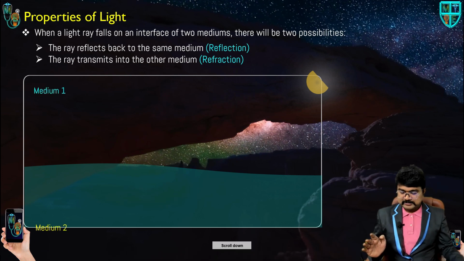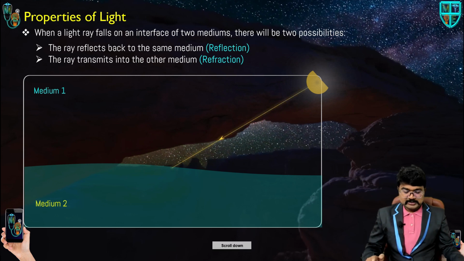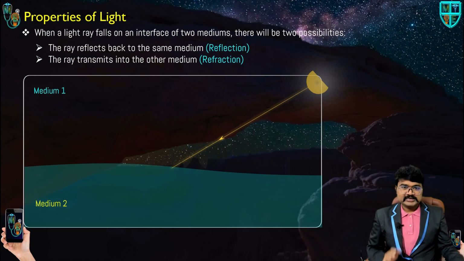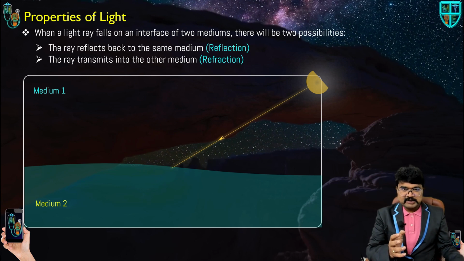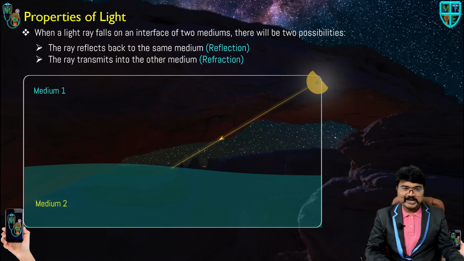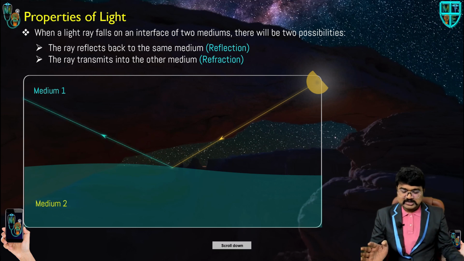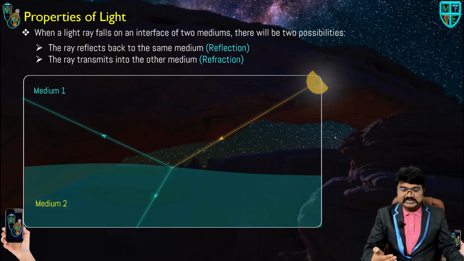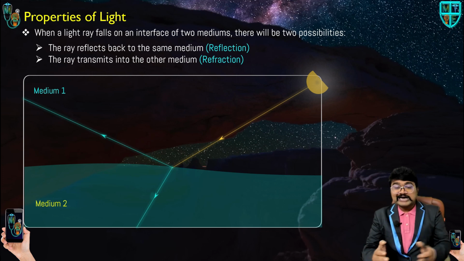The light ray is coming from the source, incident on the surface. Some amount of light will be reflected from the surface, and some amount of light is transmitted into the other medium.